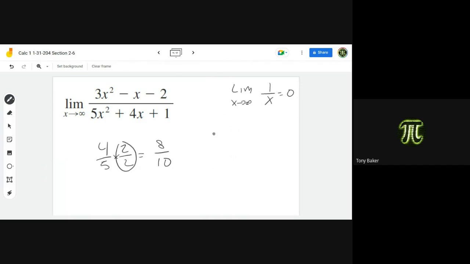If I had 10 over 32 and I divided the top and the bottom by 2, so it's 5 over 16, does that change my problem? No. So we have confirmed that if I multiply or divide the top and the bottom by the exact same thing, my problem does not change, correct? Okay, good.